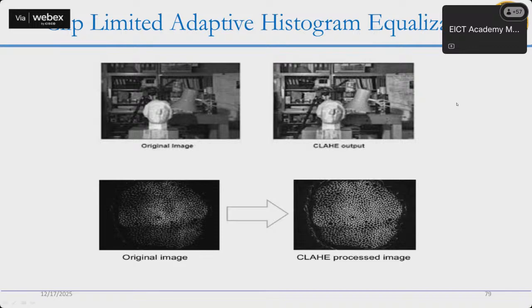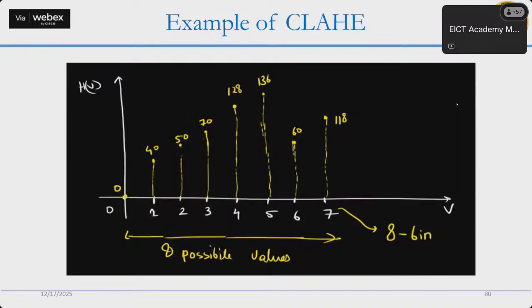One thing is clear: CLAHE is very important. So how do we apply it? We first plot all the gray levels.